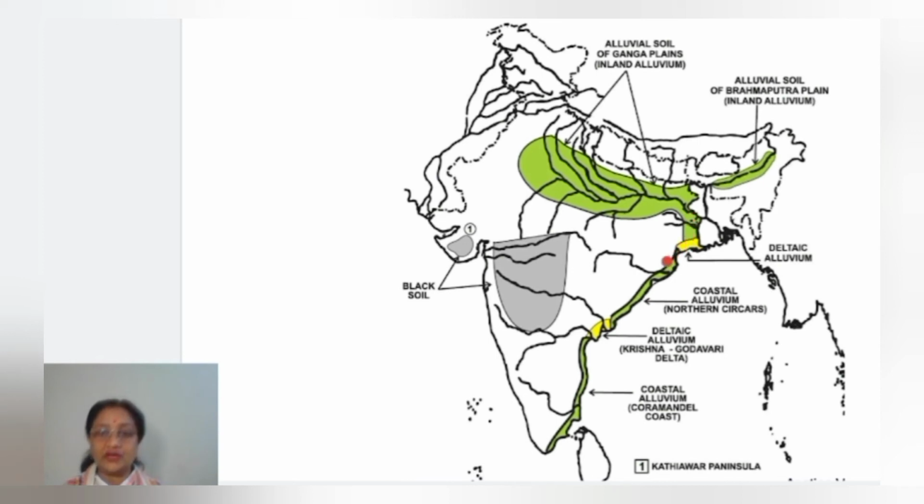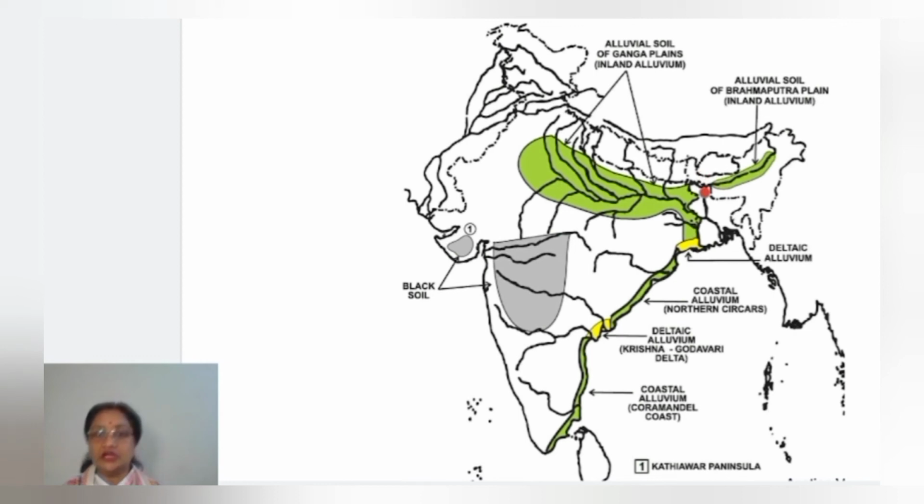As we move along the coastal plains of the eastern coast, we get alluvial soil till the tip where we reach Kanyakumari. This entire narrow plain is formed by the deposition of alluvial soil, and this is called the coastal alluvial soil.